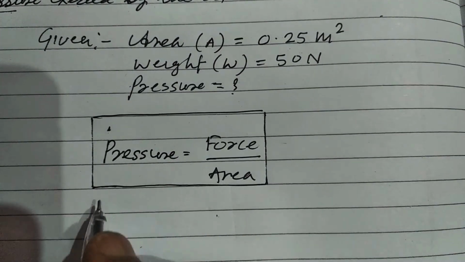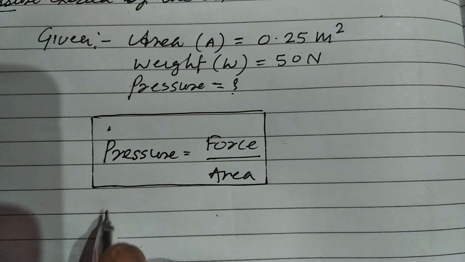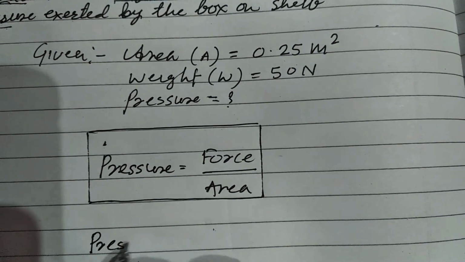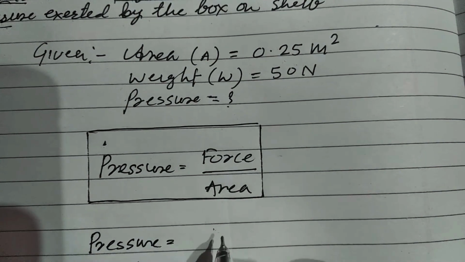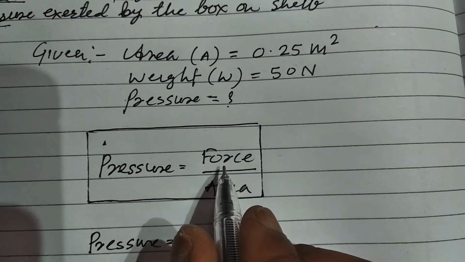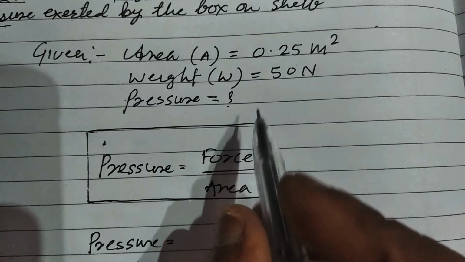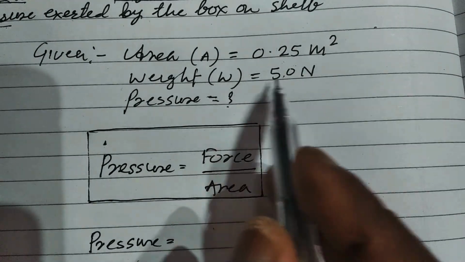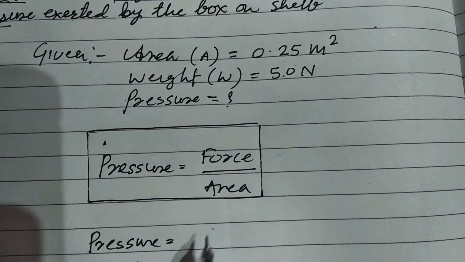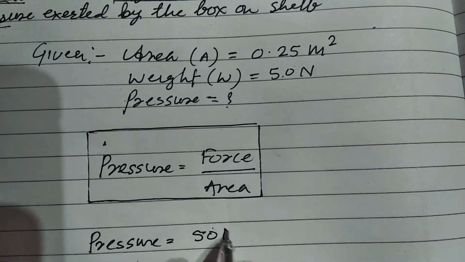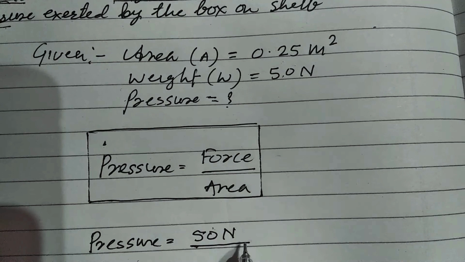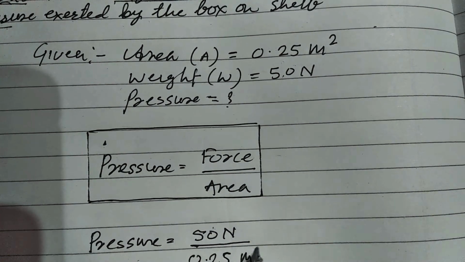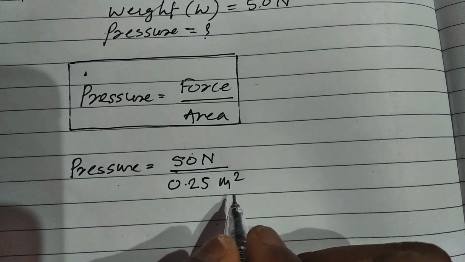Now I am going to put the values of all these into it. So pressure is equal to, what is the force? Force is given in the form of weight. That is why the force is 50 Newton, and area is 0.25 square meter.